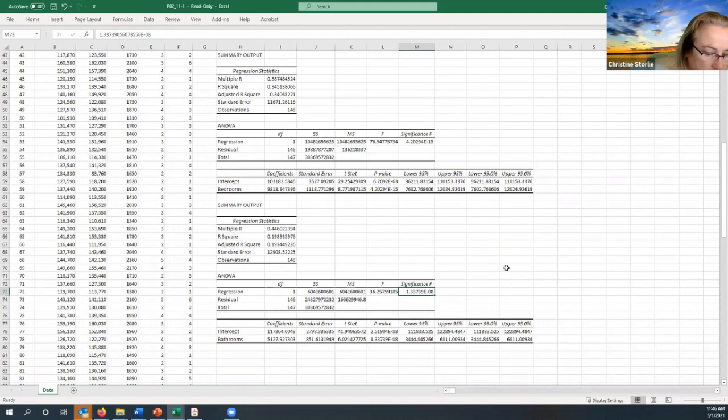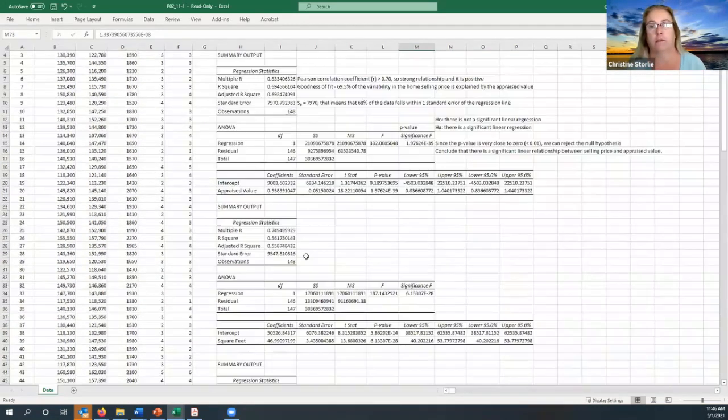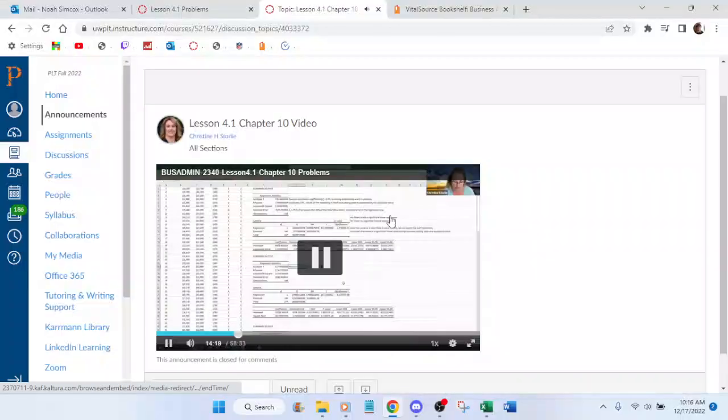Which is the relationship with the home selling price stronger? Okay, so the strongest one is the square footage, and its significance level is very small. But we see that the multiple R, which again is the Pearson correlation coefficient, is greater than.